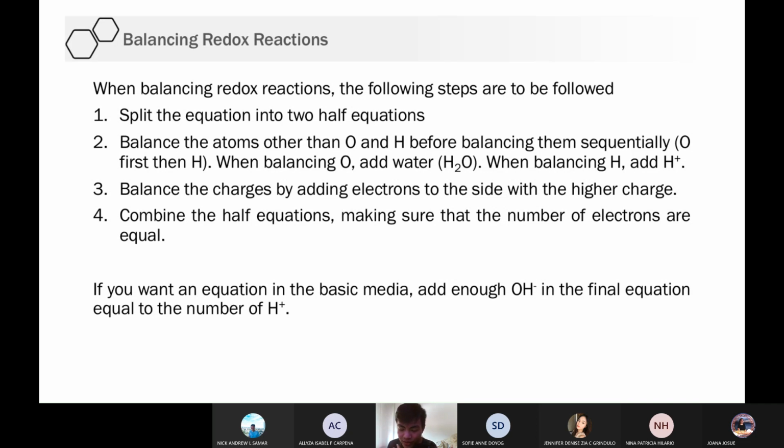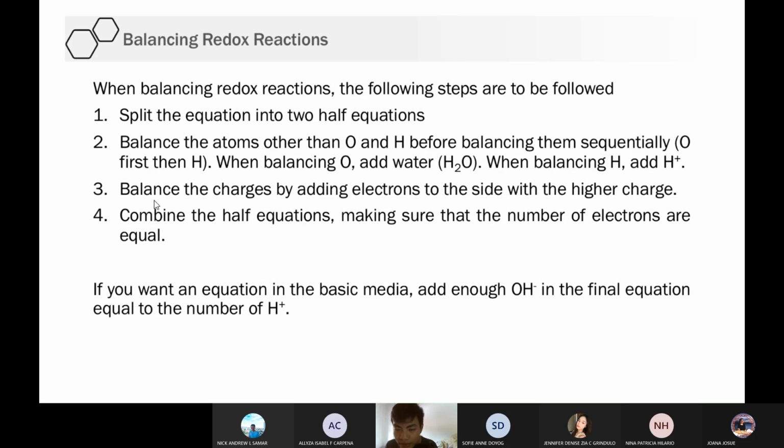Kasi, ang purpose ng electron is to bring down the charge. No? So, negative kasi yun eh. So, kailangan yung mataas na charge, pababain mo in order for the sides of the equation to be equal in charge. No? Okay? So, ganun.